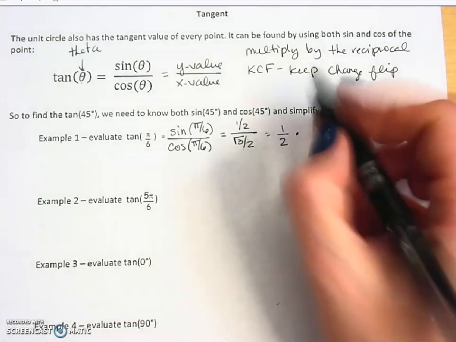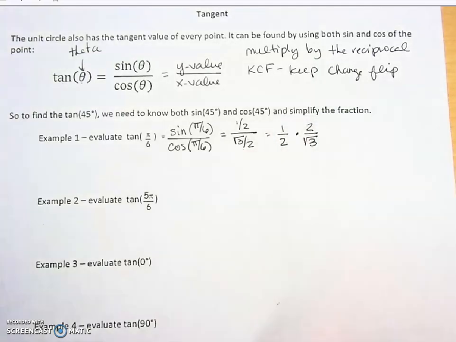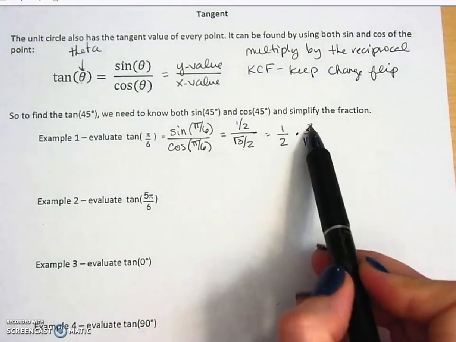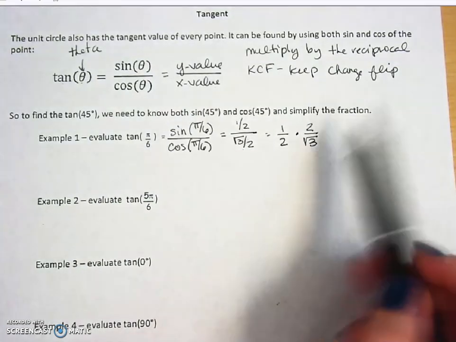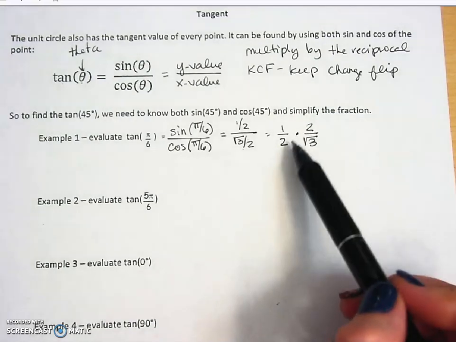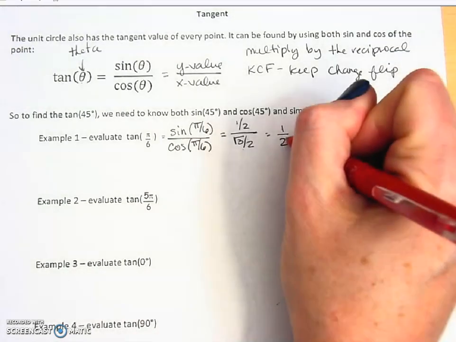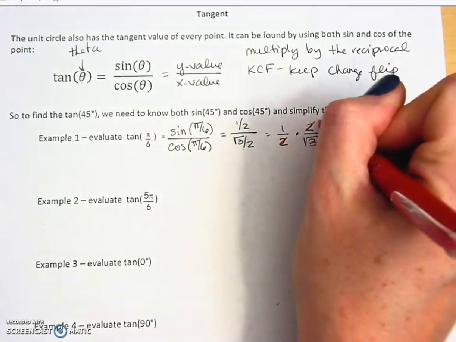So instead of rad 3 over 2, I'm going to have 2 over rad 3. Now when you're multiplying fractions, you multiply across the top and across the bottom. But also what I'm going to do to make my math easier here is I notice that there's a 2 on top and on bottom. So anytime that happens, you can cancel them out. 2 divided by 2 is just 1.